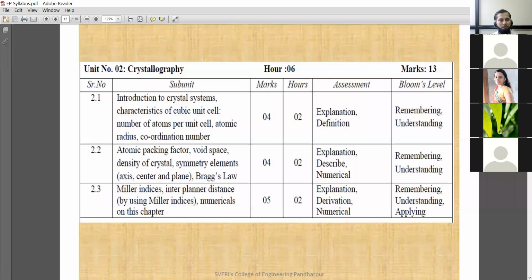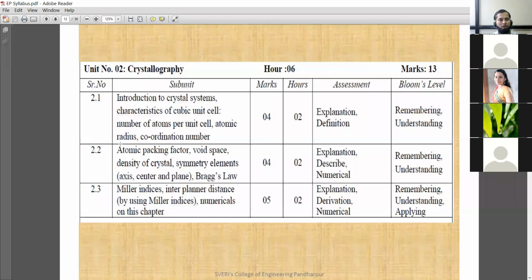In that, write down. Next point, number of atoms per unit cell, comma.